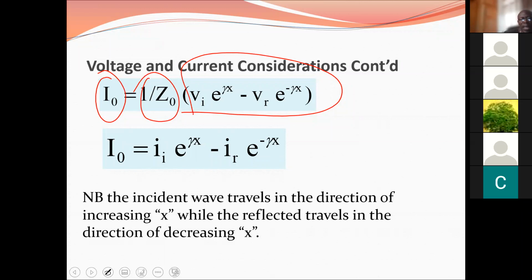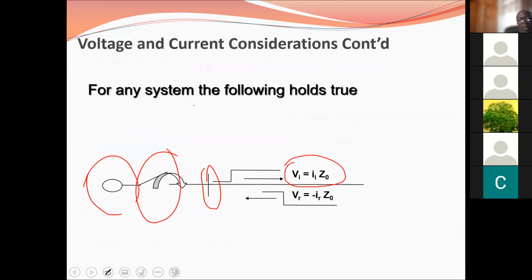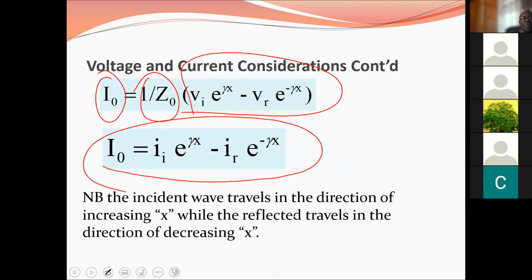And I0 is therefore equal to I incident, because that is VI over Z0. VI over Z0. VR over Z0 gives us the minus IR, okay?